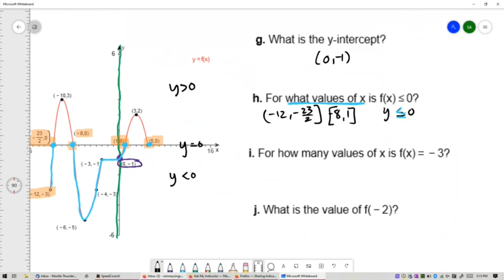Interval notation requires a lower bound and an upper bound, so we're not going to use interval notation. We'll use our curly braces and just list that one point in the set. And we're going to union these sets together. So these are all of the x values on this graph that have a y being less than or equal to 0, or f of x less than or equal to 0.